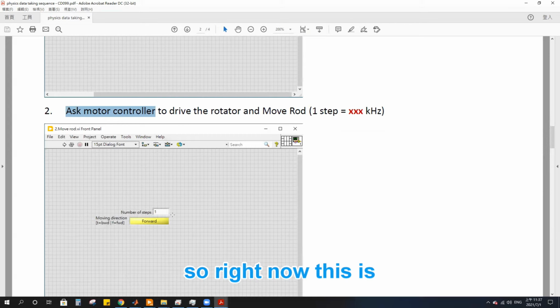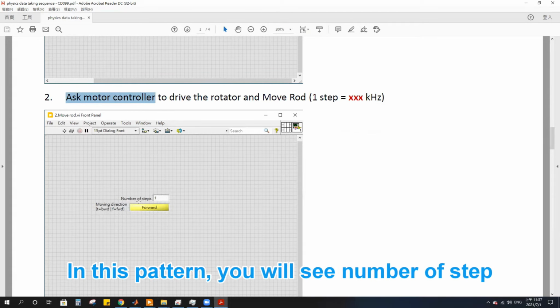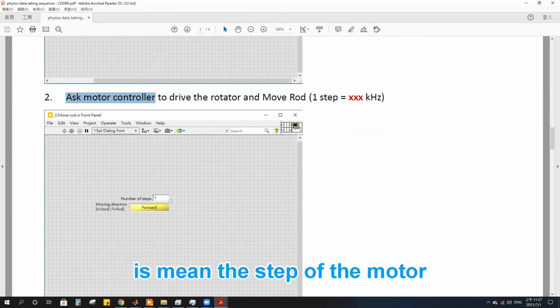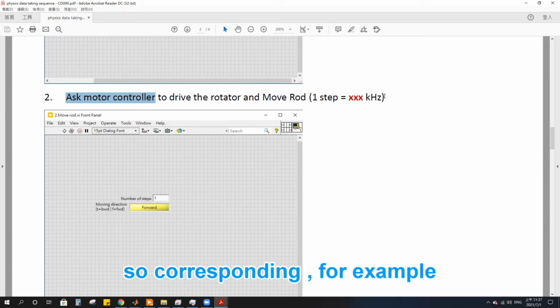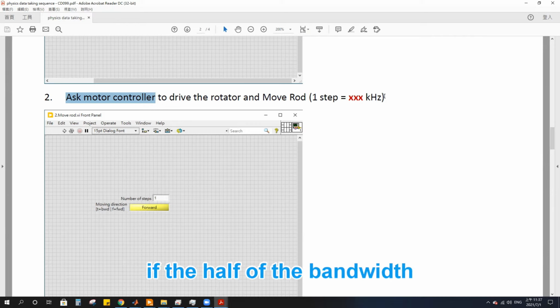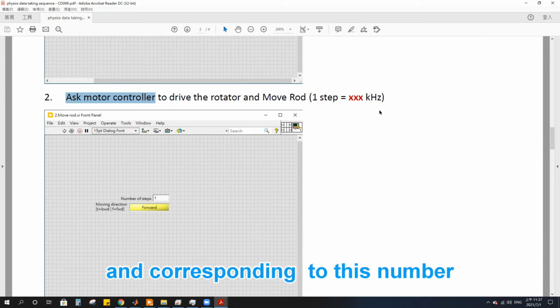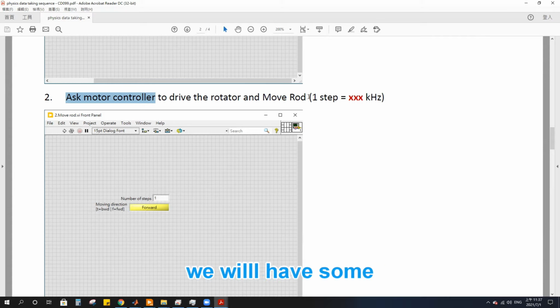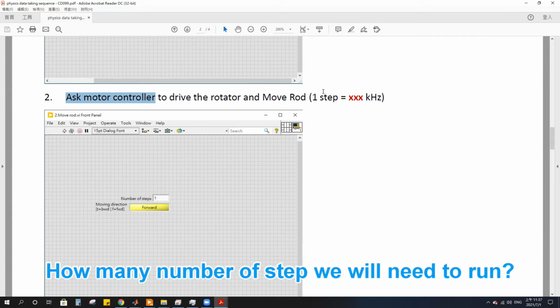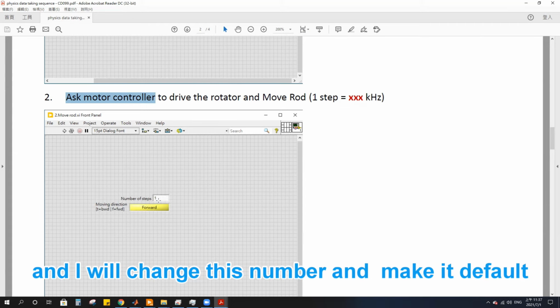Right now, in this pattern, the number of steps means the steps of the motor. For example, if half of the bandwidth is 80 kilohertz, corresponding to this number, we will have some number of steps we need to run, and I will change this number and make it default.